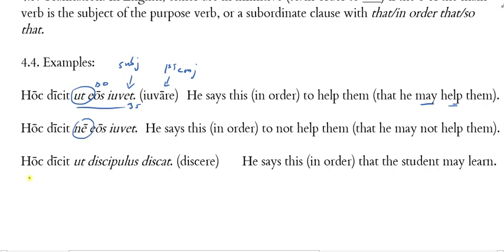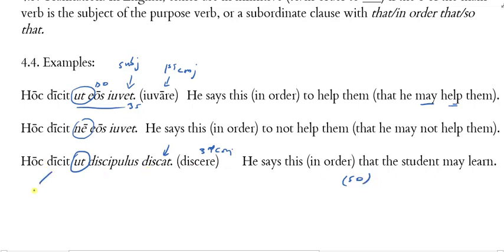And then hoc dicit, he says this, ut, there's my purpose conjunction here, my subordinating conjunction, discipulus discat, from discere. Again, ere tells me this is third conjugation, but seeing the a here tells me it's subjunctive, right? So he says this, that, in order that, so that, okay, I could use any of these, in order that, or so that the student may learn.